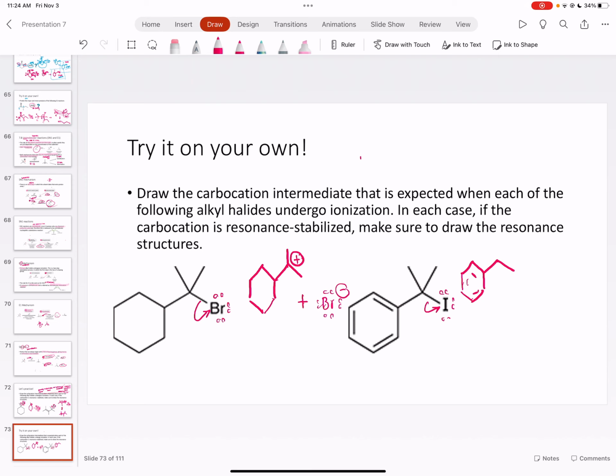That's why the electrons go towards them instead of going towards that carbon. Okay, so we have a positive charge in there, and then we have our iodine. Technically our iodine is not involved anymore. So we're just gonna draw some resonance structures.